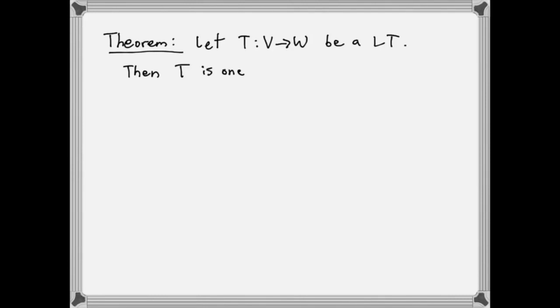T is 1-to-1 if and only if the kernel of T is equal to the trivial subspace. Okay, T is 1-to-1 if and only if the kernel of T is the trivial subspace.